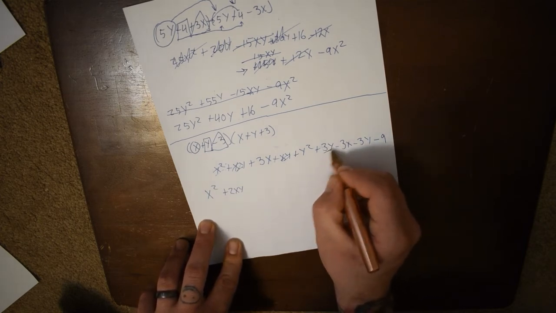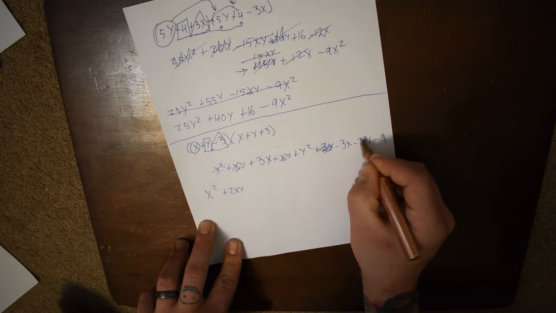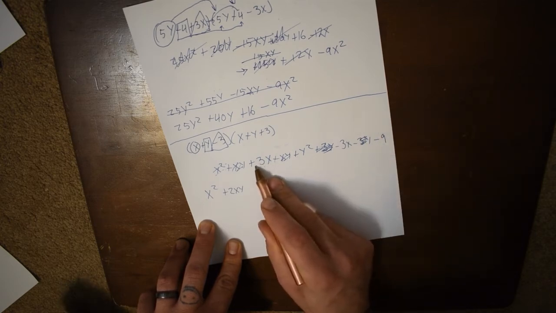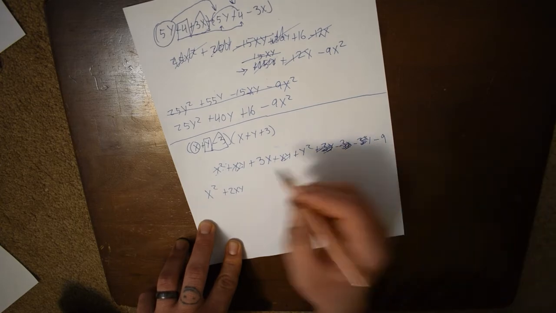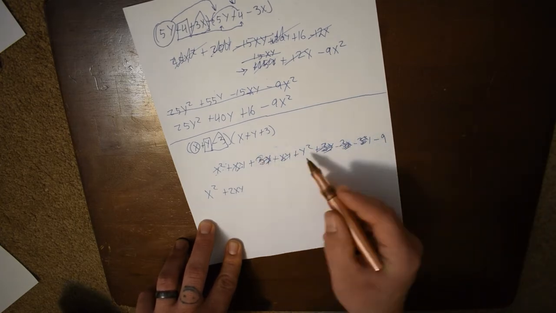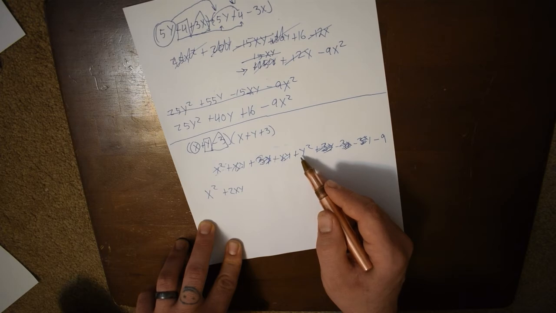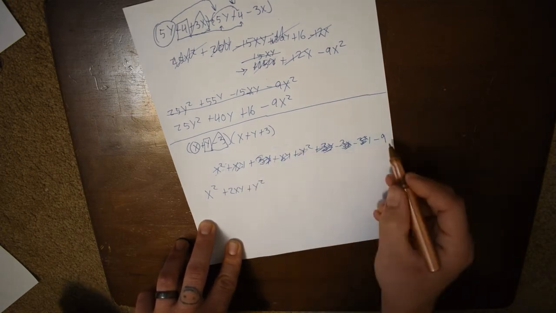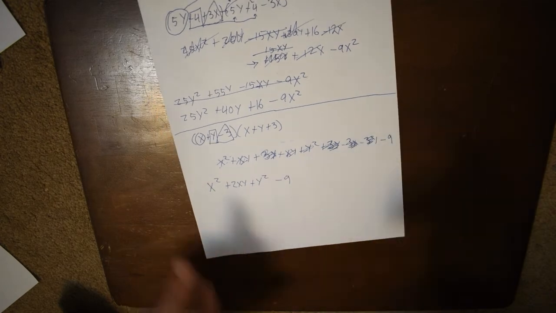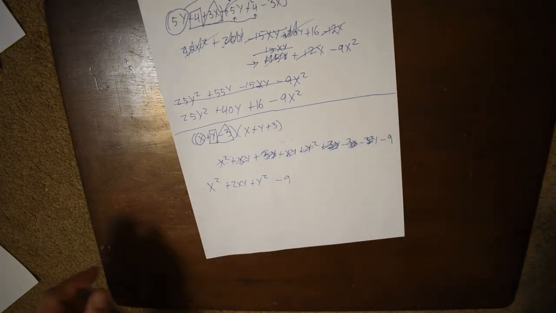Those are going to cancel each other out. And we've got a 3x and a negative 3x. Those are going to cancel each other out. We have this plus a y squared. And we have the negative 9 floating around at the end.